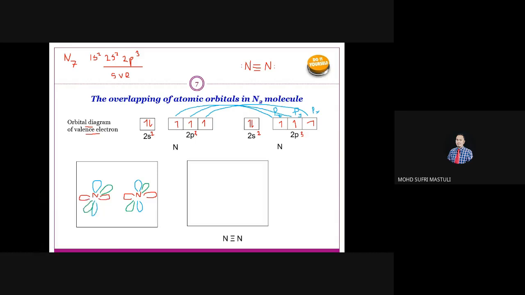So we have to bring it close together to overlap each other to form the N triple N. So just bring it together like this.